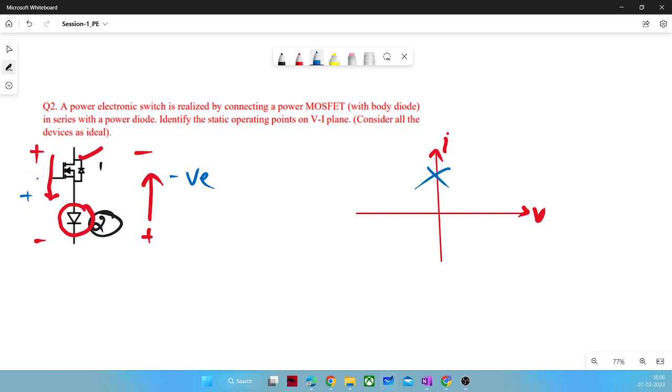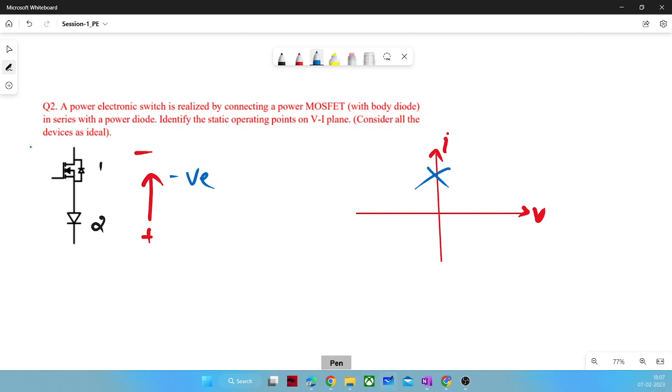What about the blocking capability of the voltage? As soon as we apply this negative voltage, let me remove all other ambiguous marks. So this is the negative voltage. This voltage can be blocked by this diode, right? This diode will be able to block, as well as this MOSFET.